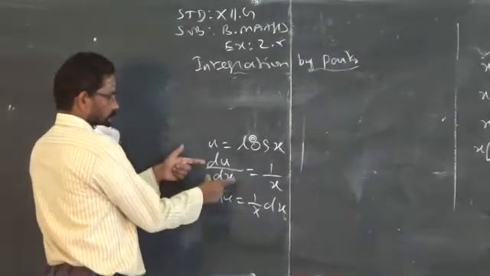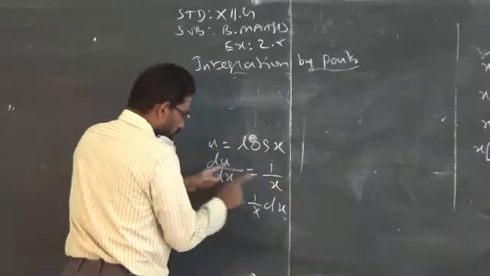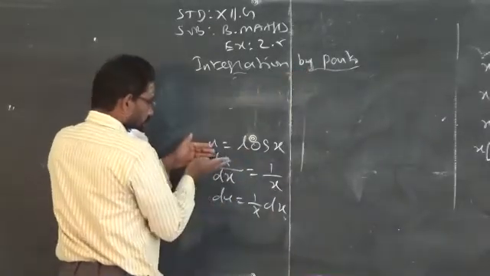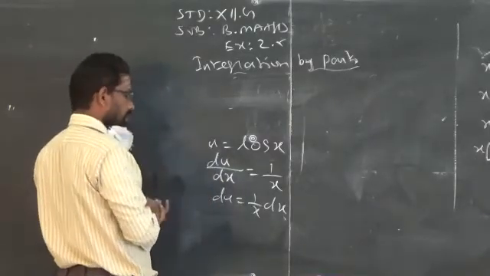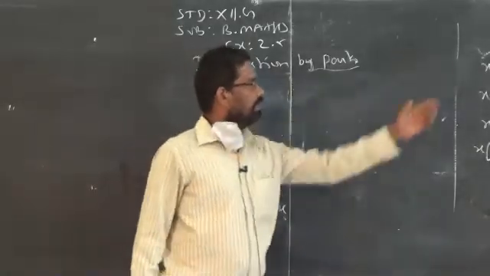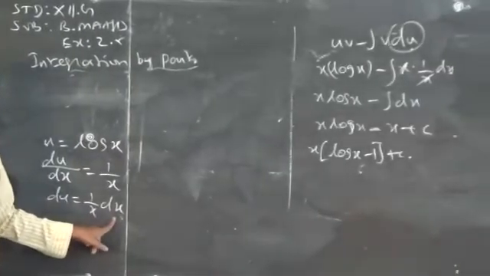This is the rule. I am differentiating the function u with respect to x. Then I need only du according to the formula, so I kept du on the left side. I do not want dx or some other constant on the left side. So transferring to the right-hand side, I got 1 by x into dx. So I am replacing du with 1 by x into dx. So do not confuse. Clear?